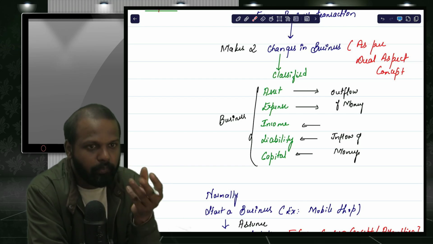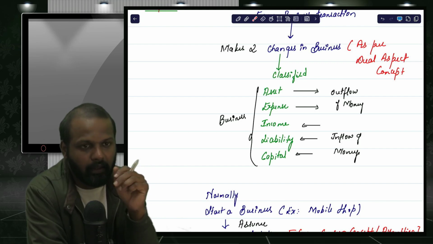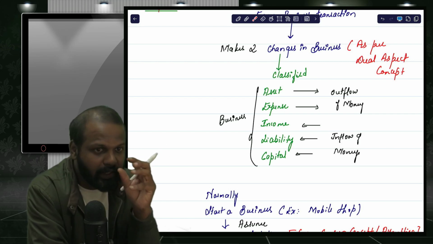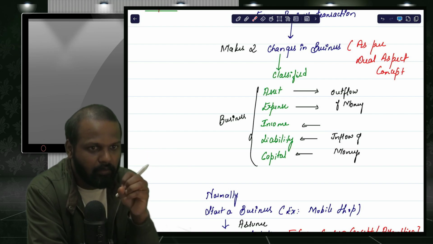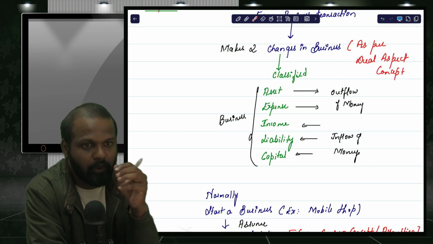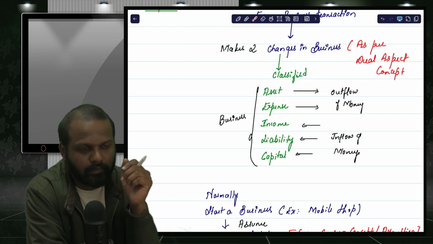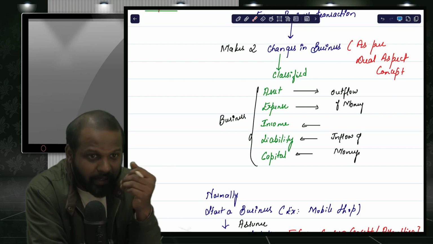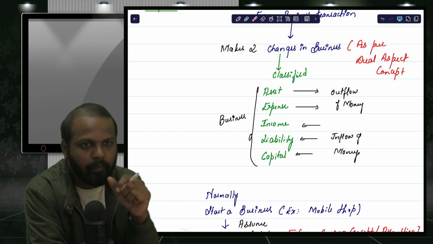There is an inflow of money. I'm collecting the fees from the student. It's an income, inflow of money. Let's say I went to the bank and took a loan of 10 lakhs. For me, it's a liability because I need to repay in future. So when I take the loan from the bank, even here money is coming into the business. There is inflow of money.